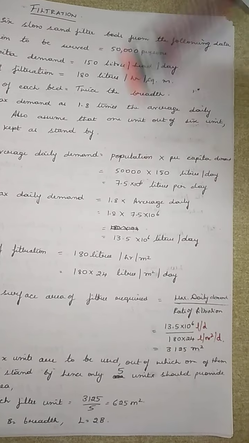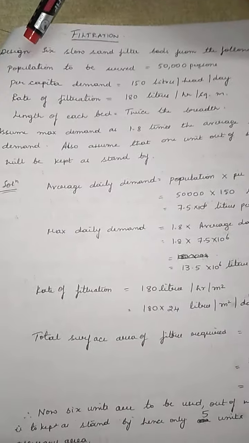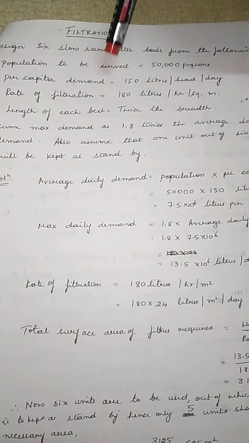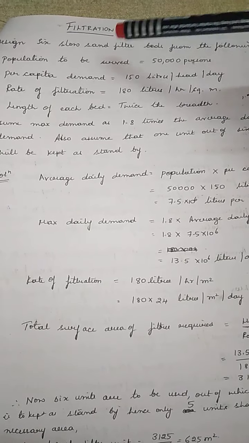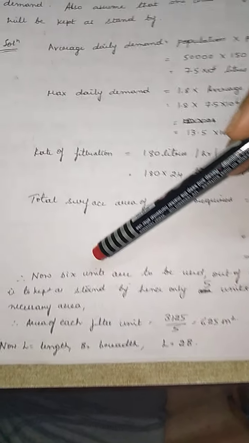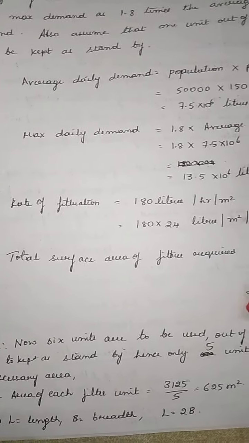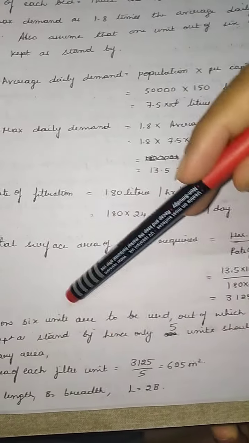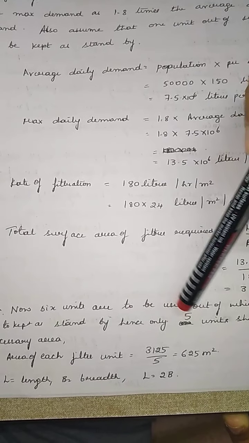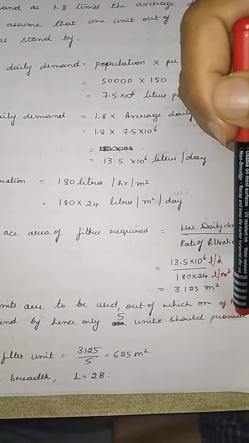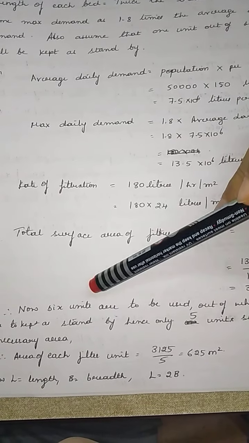Now in the question, what have they told? They have told to design 6 slow sand filters. Out of those 6, we are going to keep one as standby, and hence only 5 units should be provided with the given data.